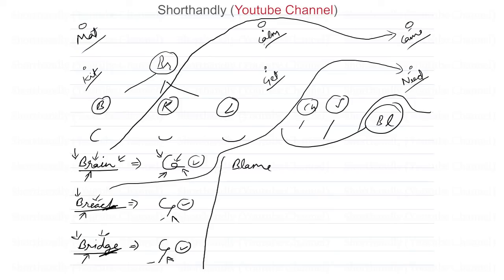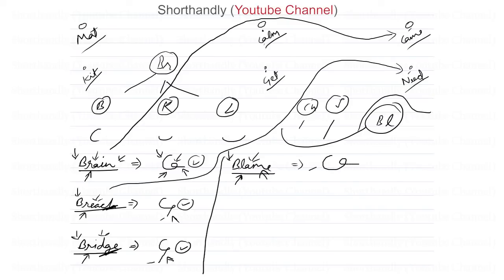We notice here first we have the B character, then we have this L, and then we have this A vowel, then this M. Let's make this word. The overall blame word will be made like this.